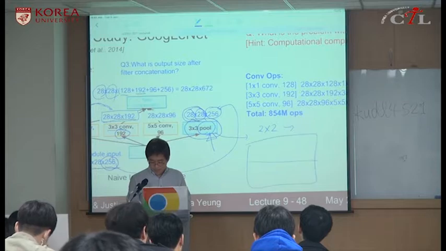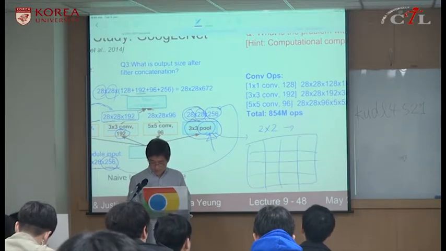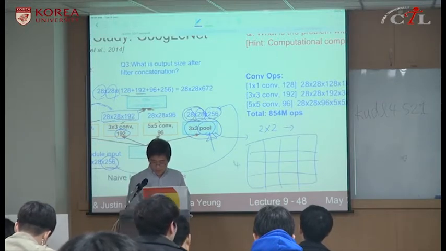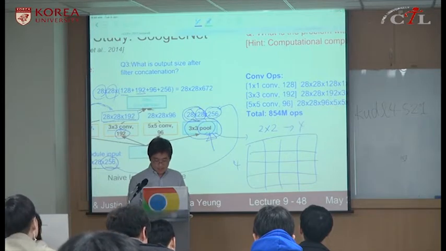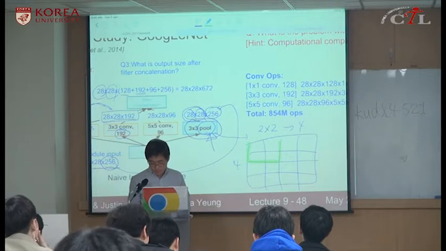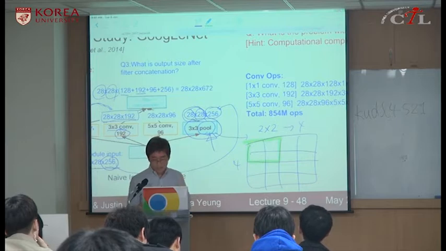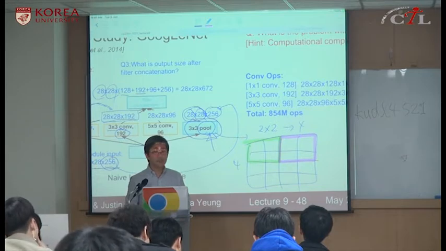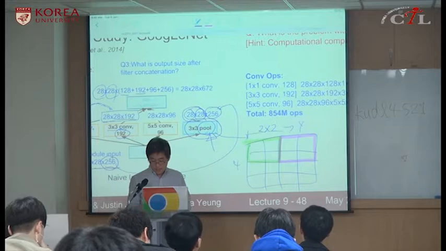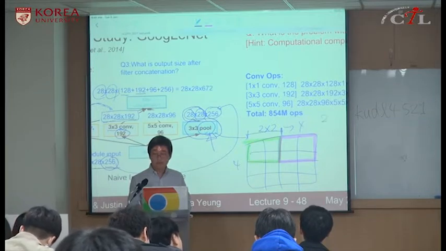So if we have this 4 by 4 activation map, and we apply 2 by 2 max pooling over here, and obtain one activation output or scalar output, what will be the second one? The second one is applied at this position, right? So in this case, the stride size is actually 2.